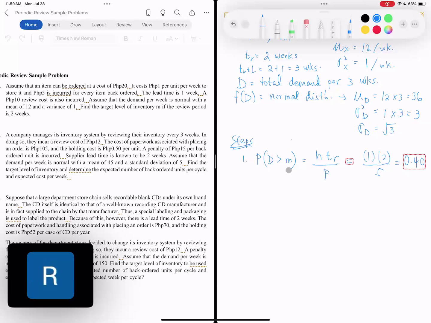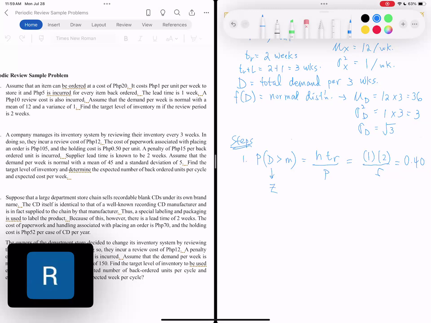So all you have to do, since this is a normal distribution problem and you know the probability, is solve for M. Okay? So if you understand your normal distribution problem, you convert this random variable D to its equivalent Z value.